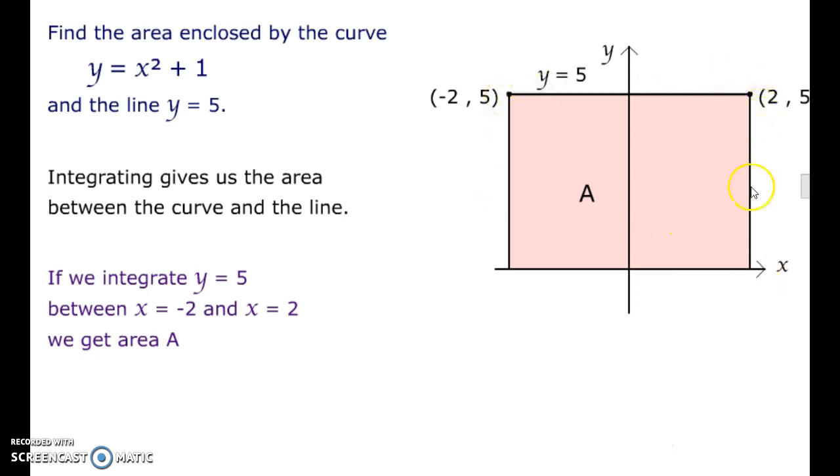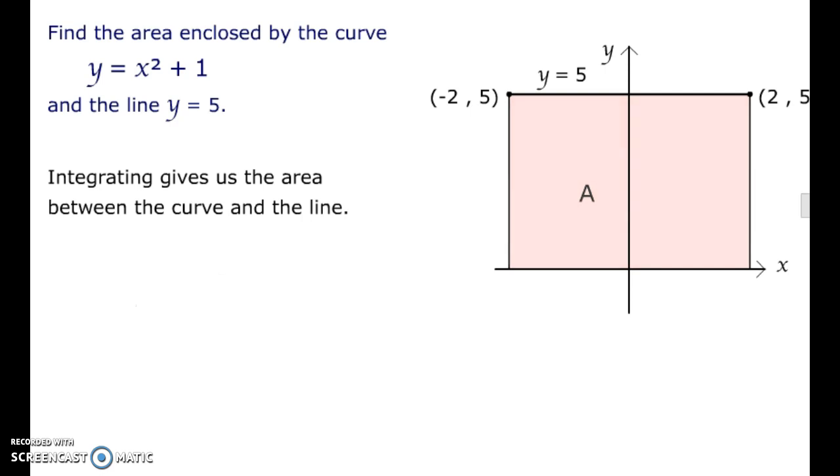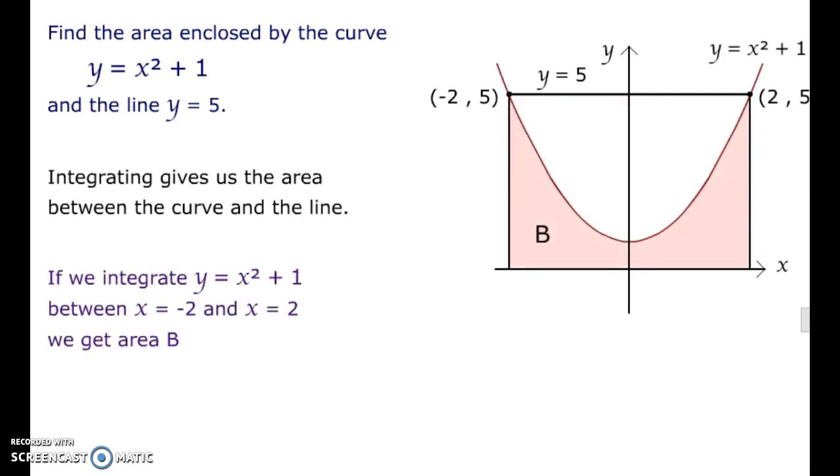So this is the area under the line, and we call it area A. It's like a rectangle, so you don't even need to integrate this. Even if you integrate, no problem. And this is area B, which is only under the parabola. But if you remember, we are talking about the area enclosed by the curves.